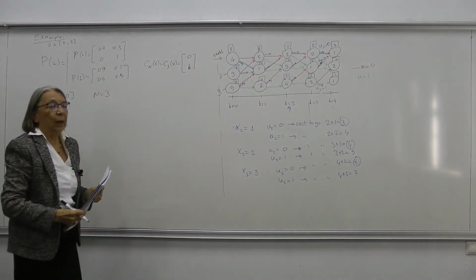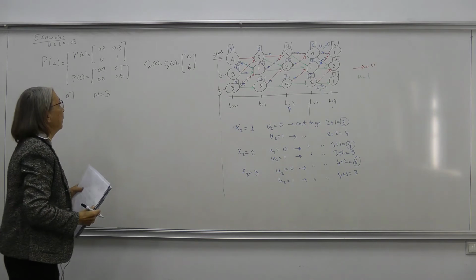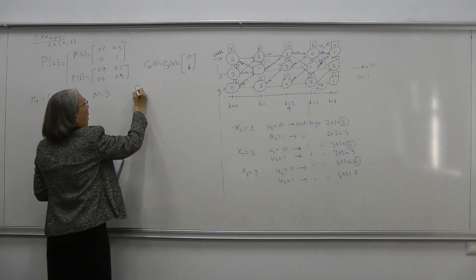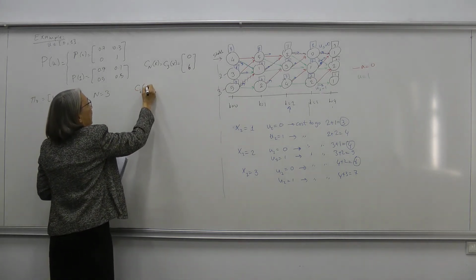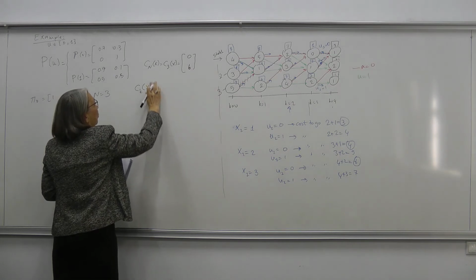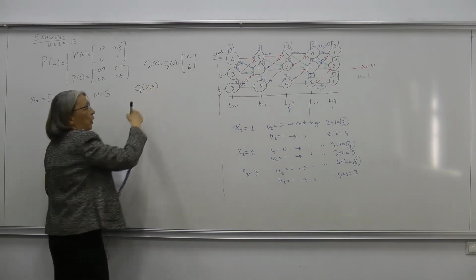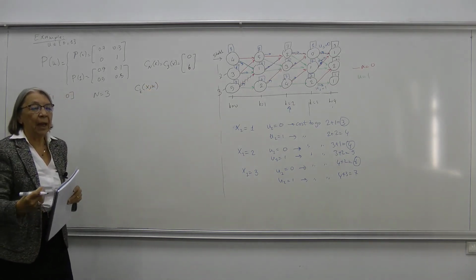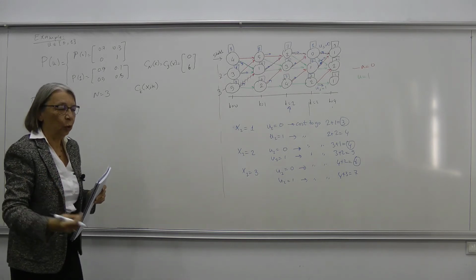The values of that one are given as 0 and 6. And I also have to specify C sub k of x and u for each k, starting from k equal to 0, 1, and 2.